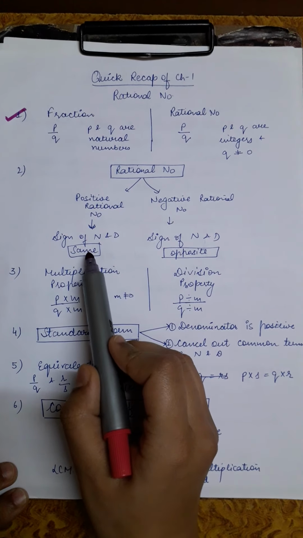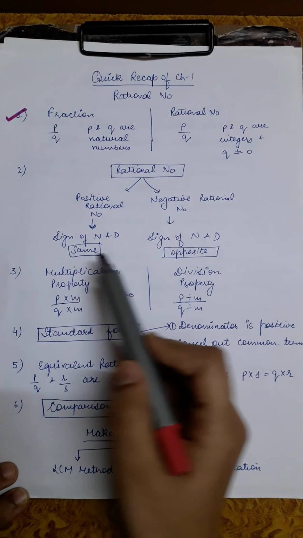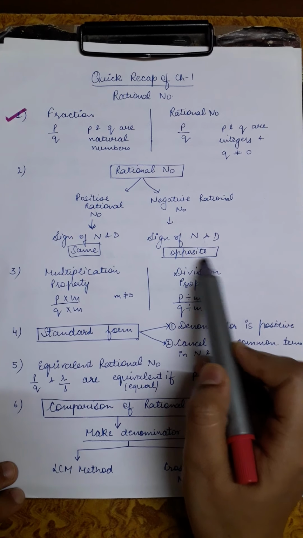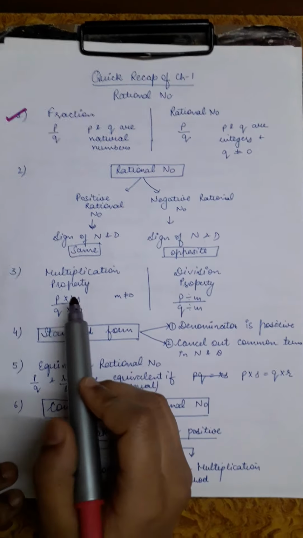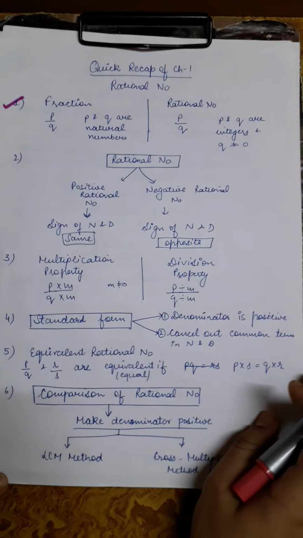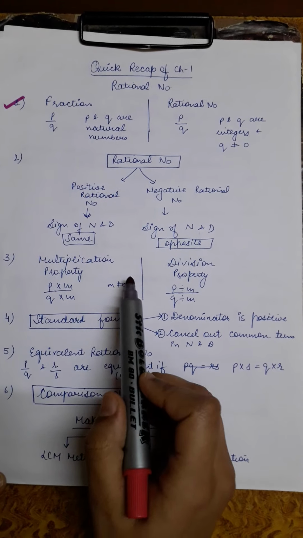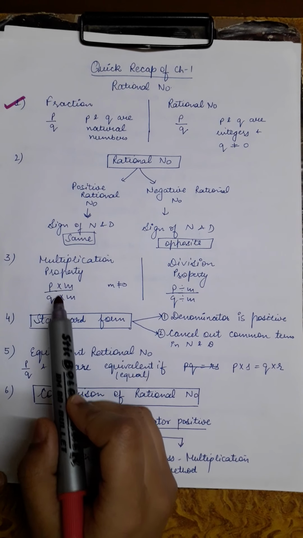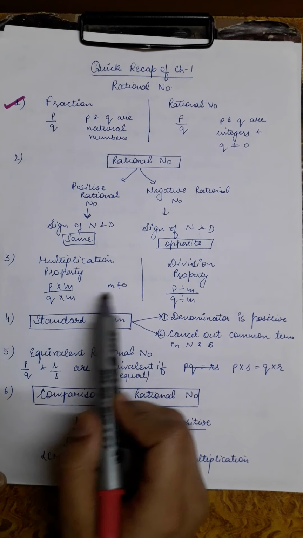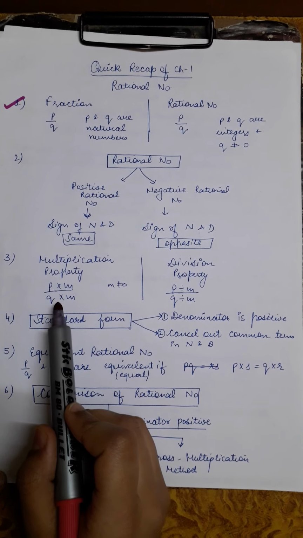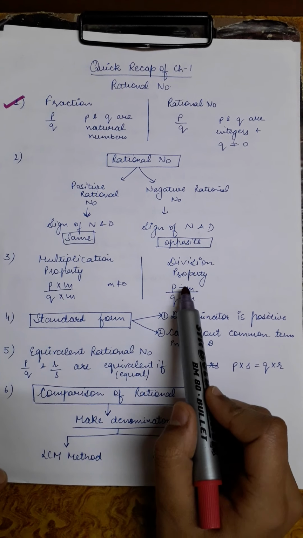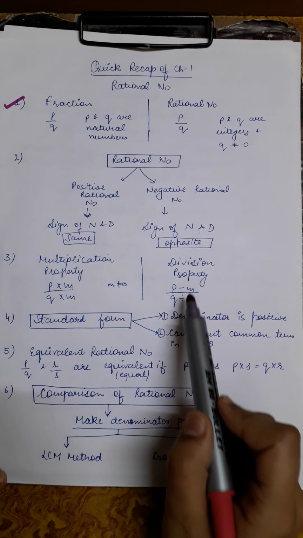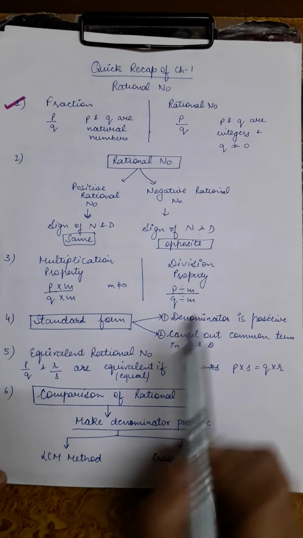In a positive rational number, the sign of numerator and denominator was the same, but it was opposite in a negative rational number. Third, we have done the multiplication property of rational number, that is we can multiply by any non-zero number with numerator and denominator, and similarly if there is a common divisor in numerator and denominator, then we can divide it also.